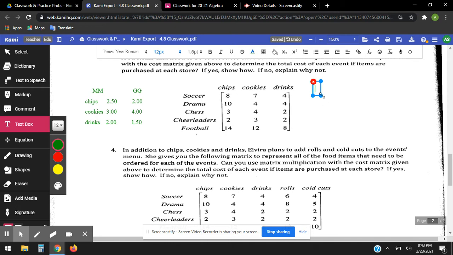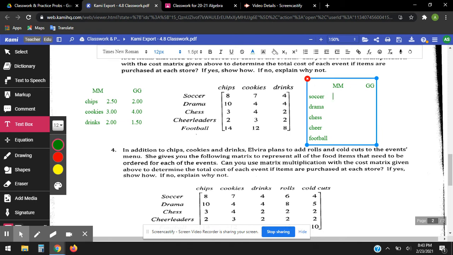I'm going to start with, bring this up just a little bit, give myself a little space, and we'll do the market, and we'll do Grandpa's grocery, but we're going to have soccer, drama, chess, cheer, and football for these.